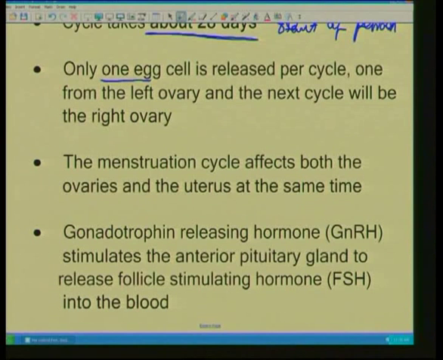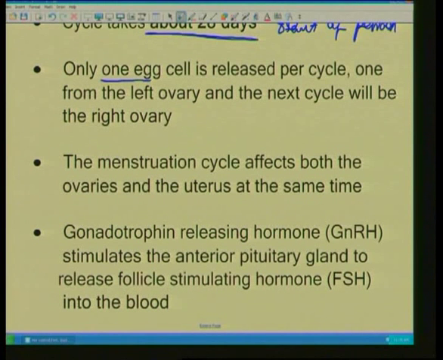With females, we have a finite number of egg cells that we're born with. If damage occurs to one of those ovaries, then we end up with only half the egg cells. And then those egg cells are released quicker, and the female will then become infertile at an early age. Alrighty, so we have one egg from each ovary, left and right, per cycle.